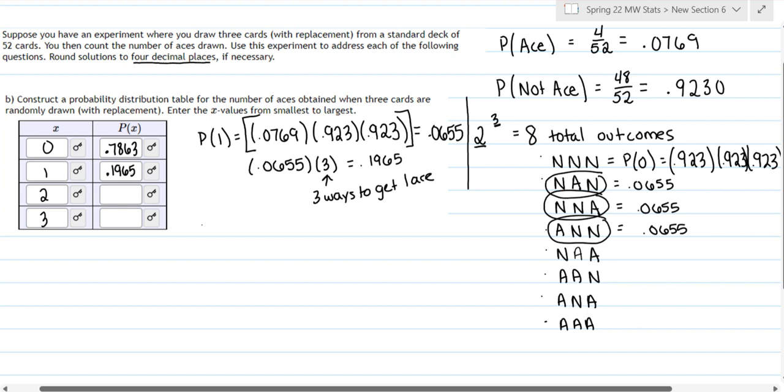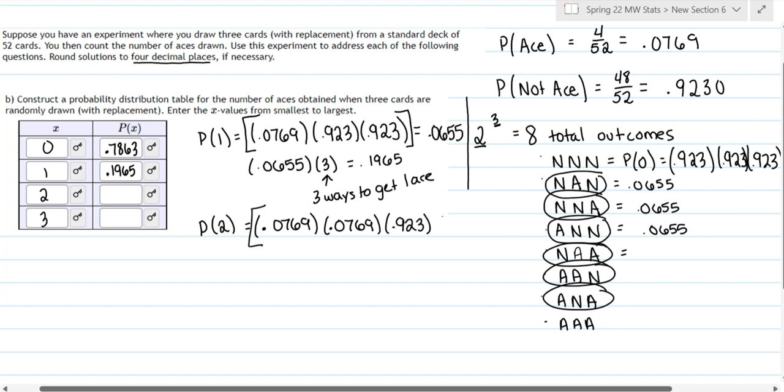Okay, then P of 2. Same thing, let's look here. There's this one, and this one, and this one that all have 2 aces. So we'll find that probability, which is going to be probability of ace, 0.0769, times the probability of ace, times the probability of not an ace.